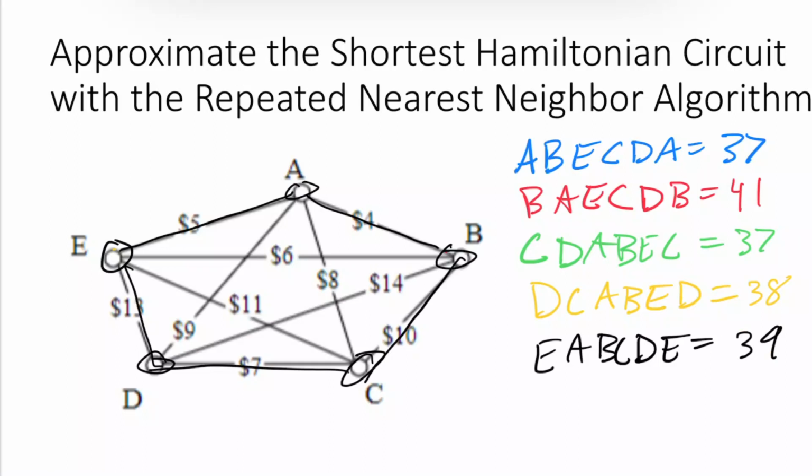And so based on the repeated nearest neighbor algorithm, it looks like the cost of the shortest circuit is going to be 37.